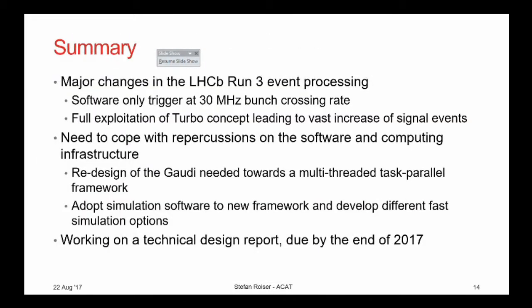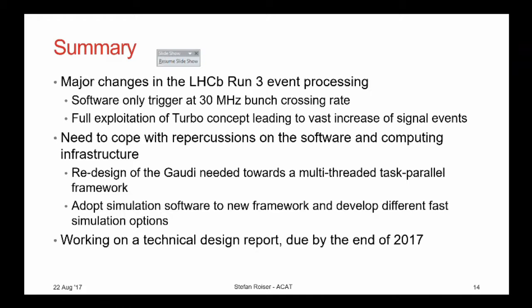Okay, so this is my summary already. As I've explained, there are major changes. The two major changes for LHCb in Run 3 are that we are triggering only in software, no hardware trigger anymore, and we're exploiting fully the turbo concept, and this has repercussions on the software and computing. So we need to redesign Gaudi towards a multi-threaded task-parallel framework.